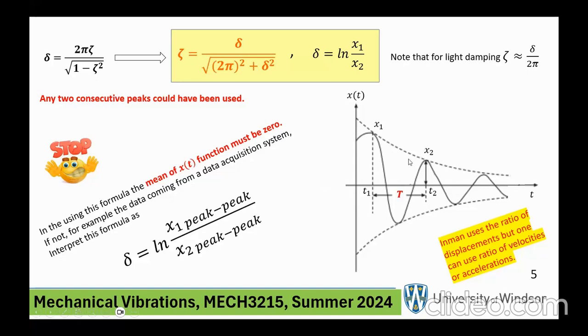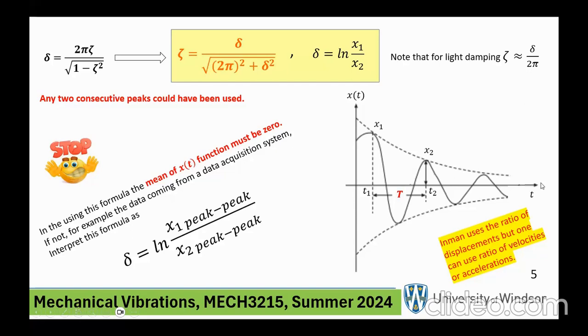But if your plot was hovering around a different value, then when you use this formula for delta, you take x1 not from here to here, but from peak to peak. So from here to here, here to here. So be careful if your graph does not hover around 0.